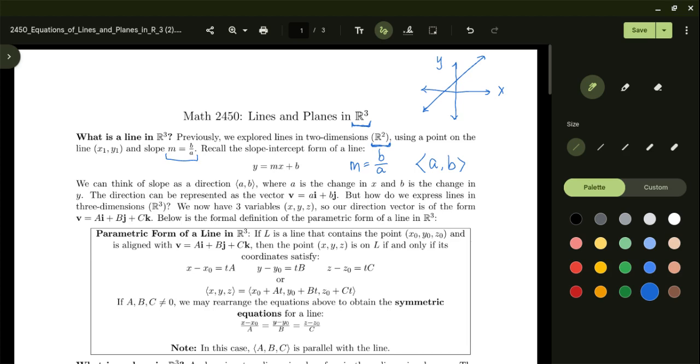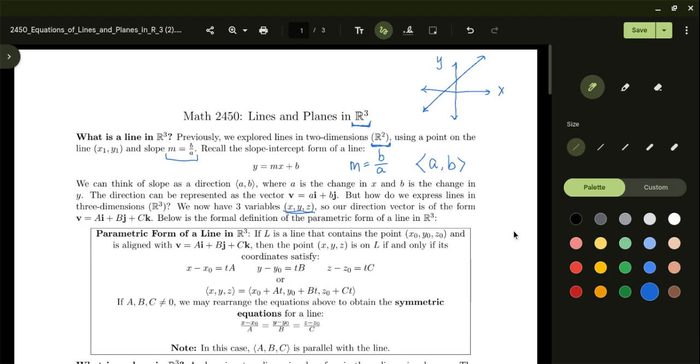And now that we know this different way of thinking about our slope and using vectors to express that, what about three-dimensional lines? And so now we no longer just have our x and our y coordinate plane, we have the x, y, z space. And so now we're working with ordered triples like this one here.